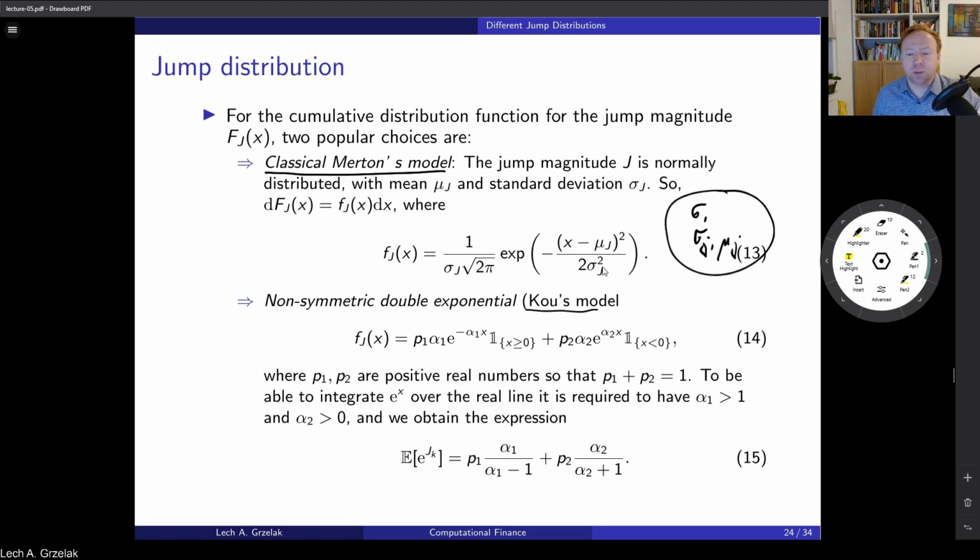Personally, from my experience, I did not really see big benefits from switching from one model to another. Typically, the jump is not something that you concentrate on so much. So typically, the simplest jump model that you specify is already enough. By switching to different models, you may benefit, but typically it is a benefit that you cannot really measure.